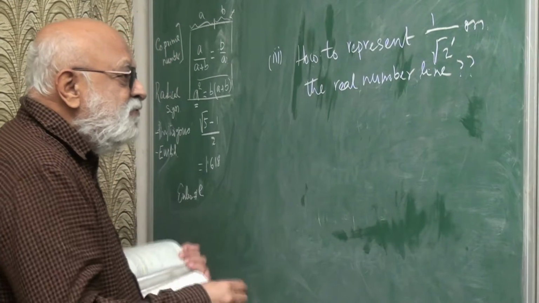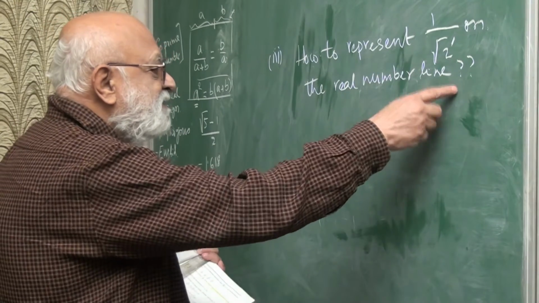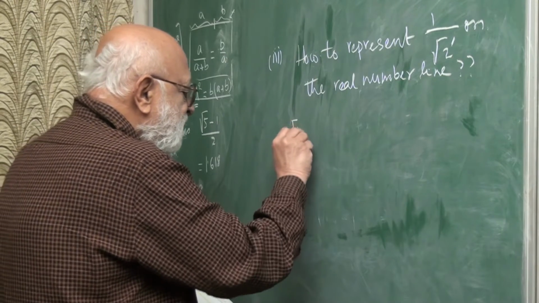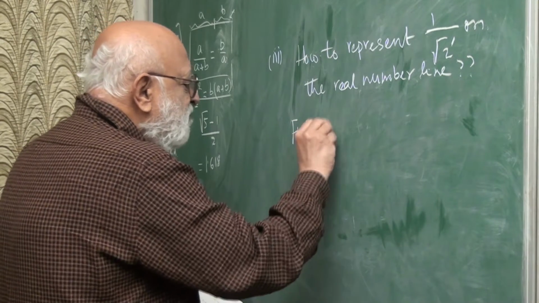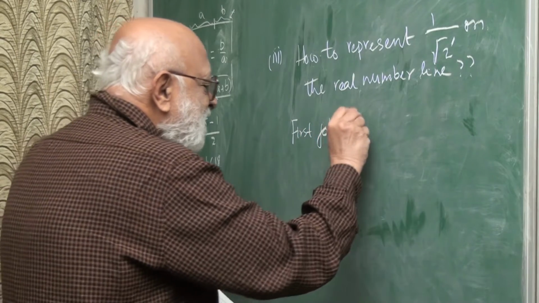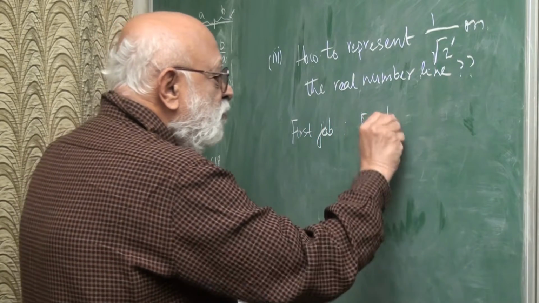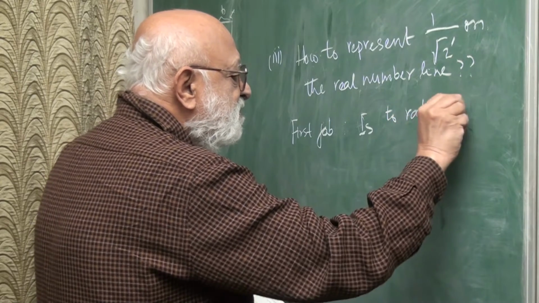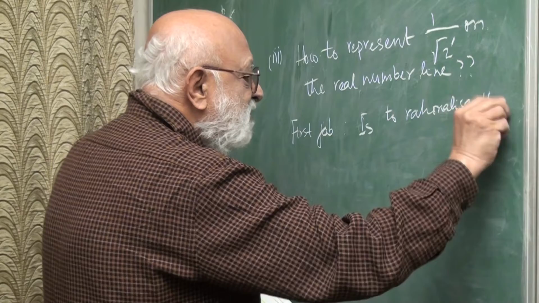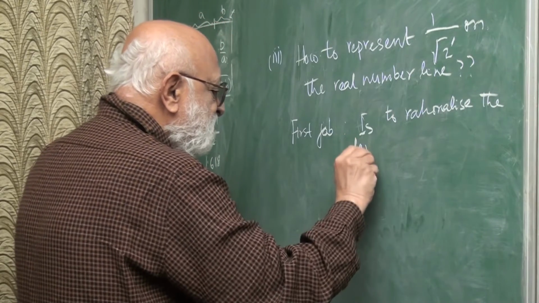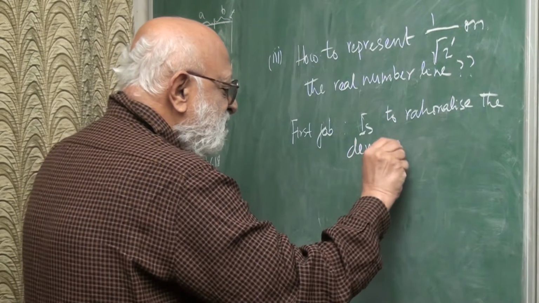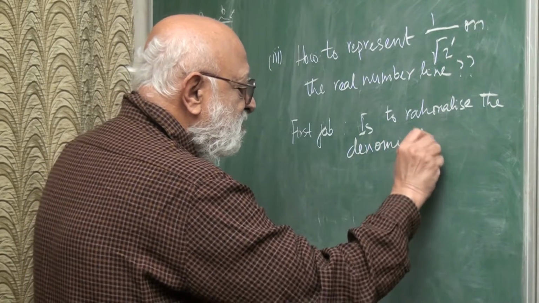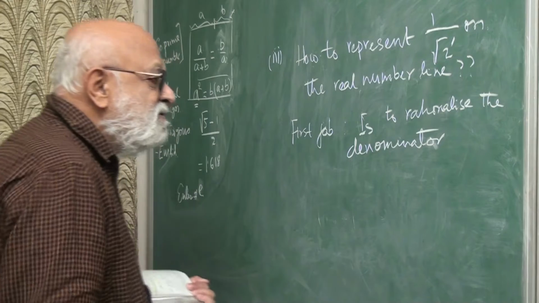The best thing to do in such cases, the first job is to rationalize the denominator. And how do I do it?